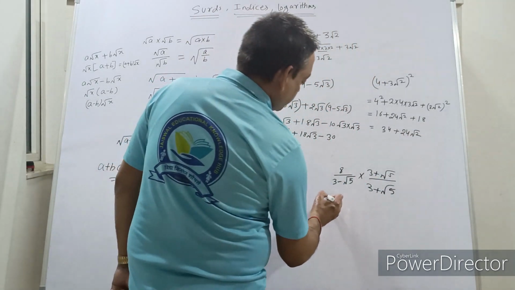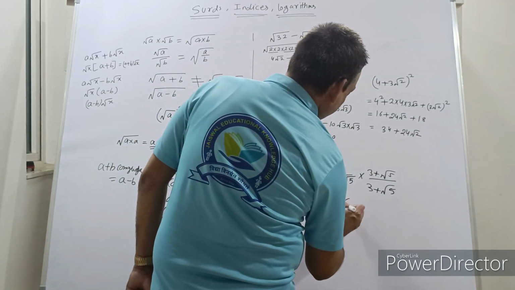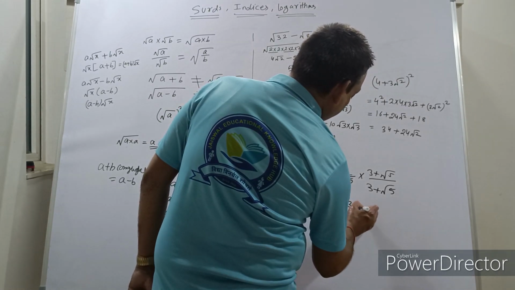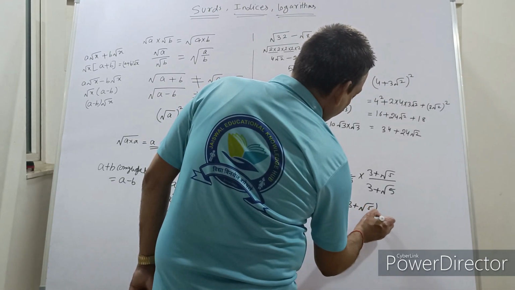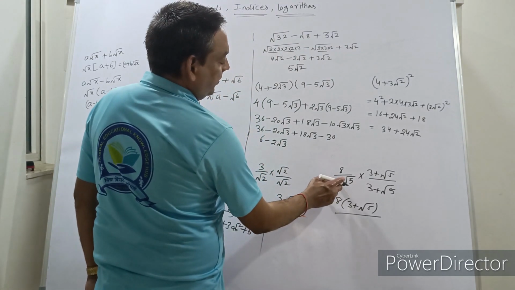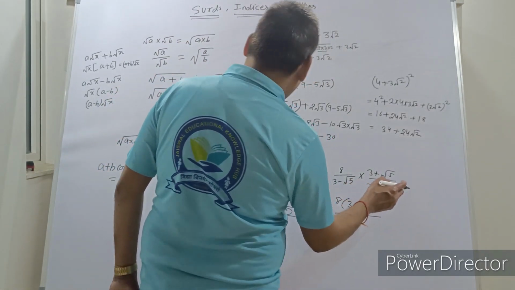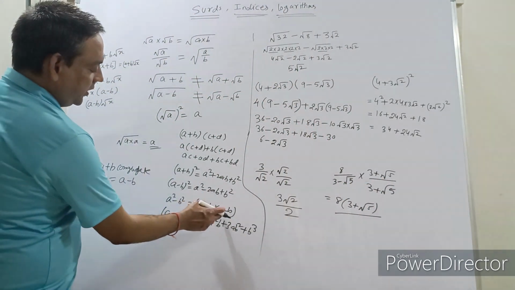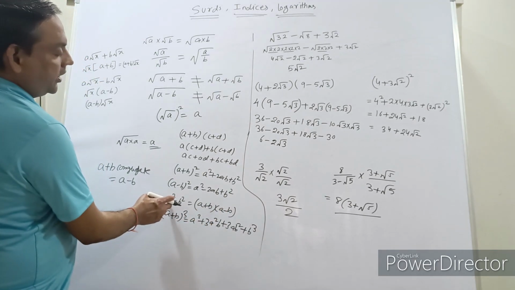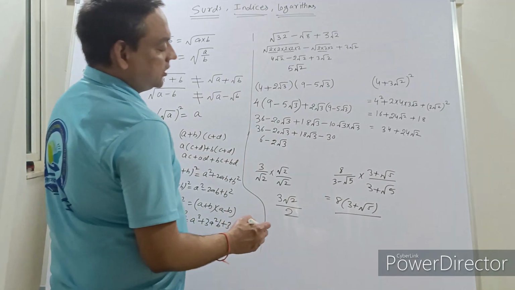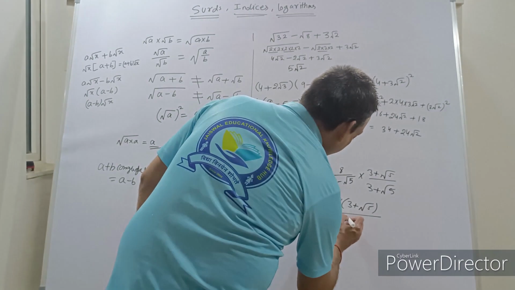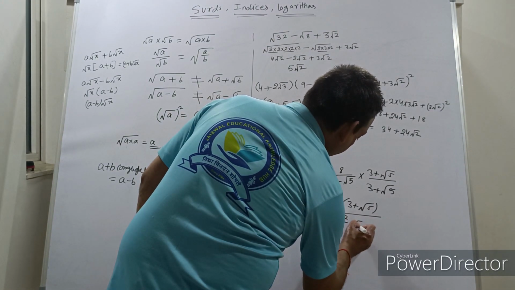So now this becomes 8 times (3 plus root 5) upon, now we have (a minus b)(a plus b). What is (a minus b)(a plus b)? That gives you a square minus b square, which is 3 square minus root 5 square.